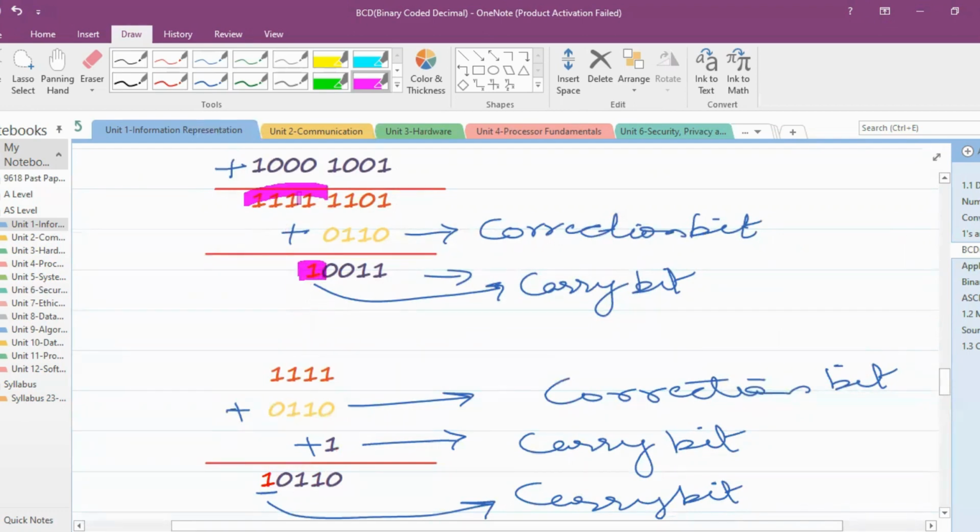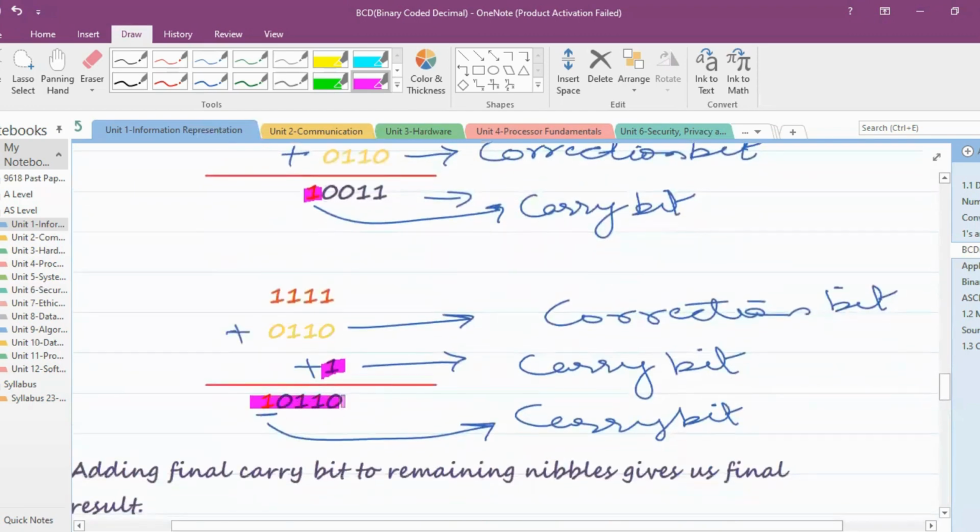So this I have written here. So this plus correction bit plus 1 from here, this carry bit, I'm adding it here. Because this is 15, which is not acceptable, I'm adding a correction bit, plus I'm adding a carry bit, which is from here, and the answer is this.